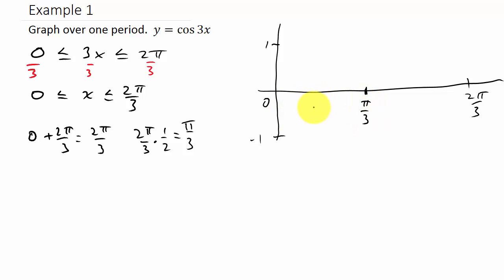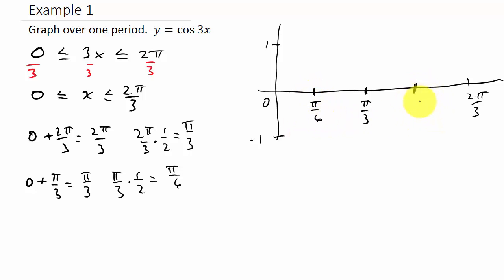Now I need the midpoint between 0 and pi over 3. So I add them up: 0 plus pi over 3 is equal to pi over 3. Then I half the pi over 3, so I multiply it by half, and that equals pi over 6. So there's pi over 6.